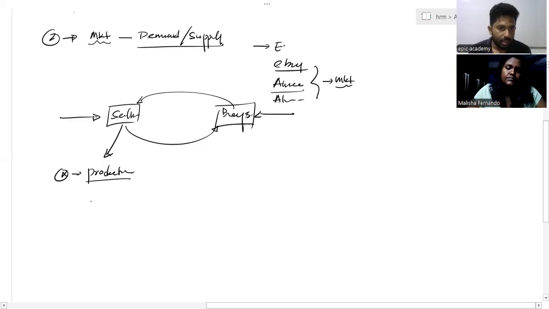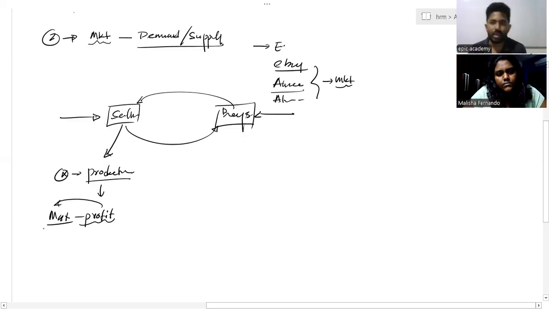The purpose of the seller is to maximize the profit. It is constant, it's not going to change. The purpose of the seller is to maximize the profitability of selling goods and services, earning more and more money. So then he would like to increase the price of the commodity, isn't it?